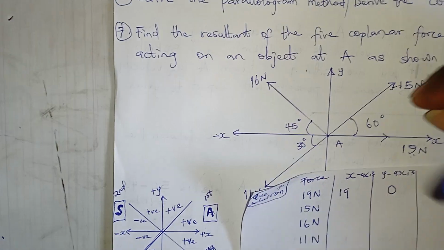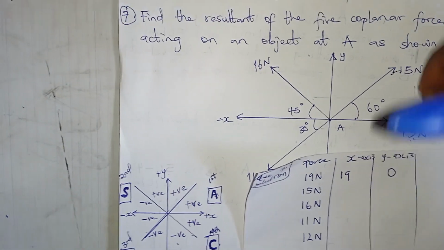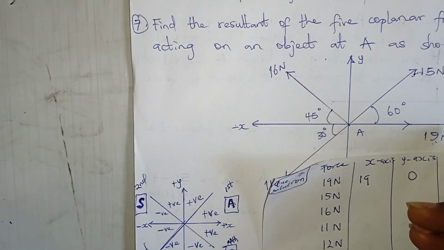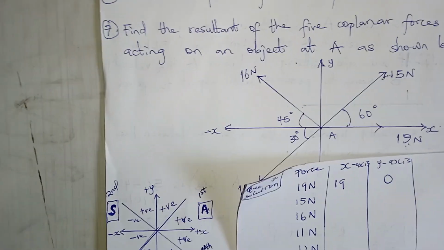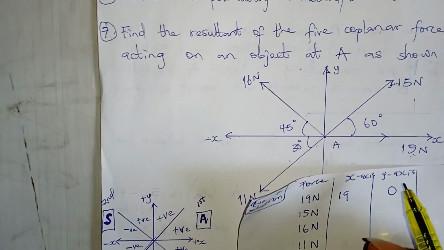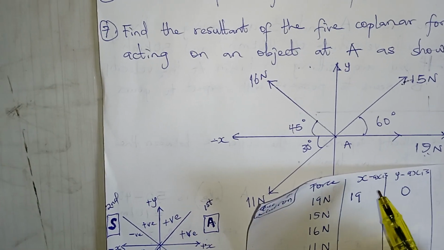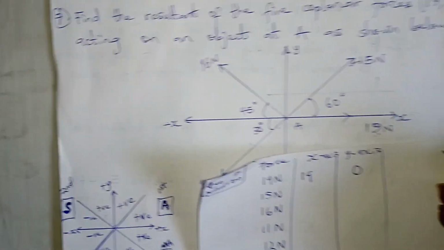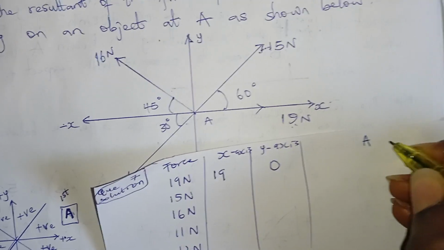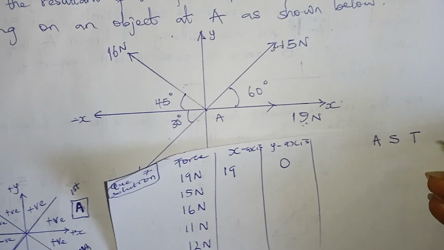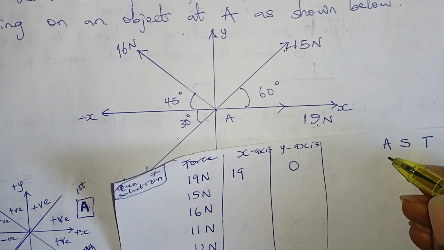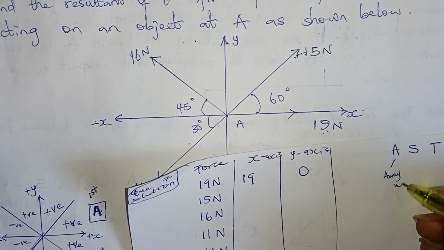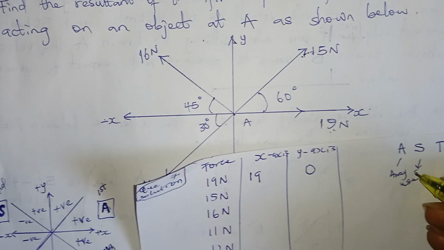When I try to bend this force to come down here, anything that happens around the x-axis, I like to use ASTC, or whichever one you want to use. Away from the angle, use sine theta.